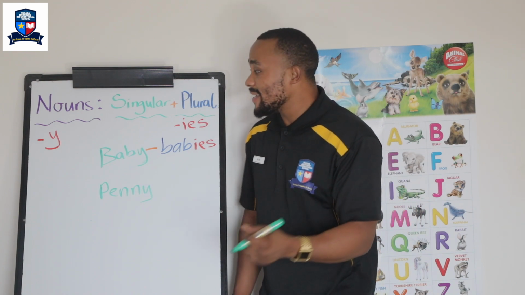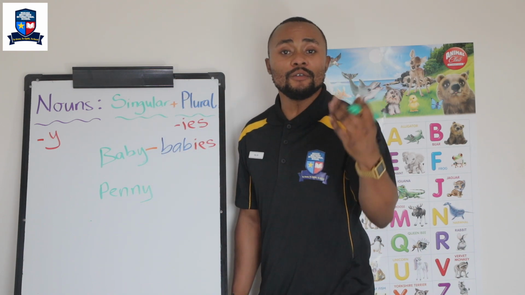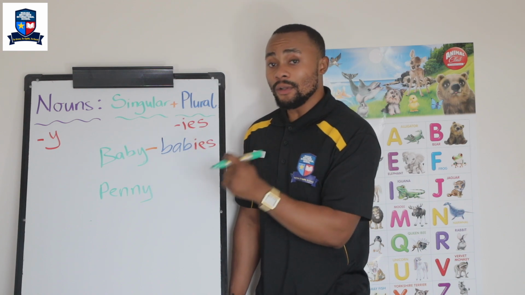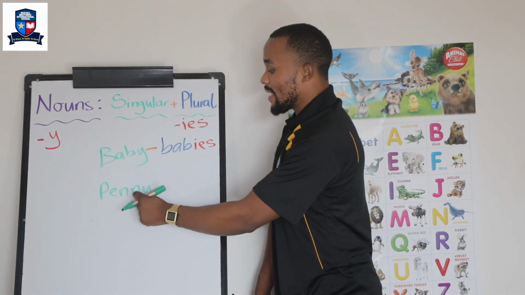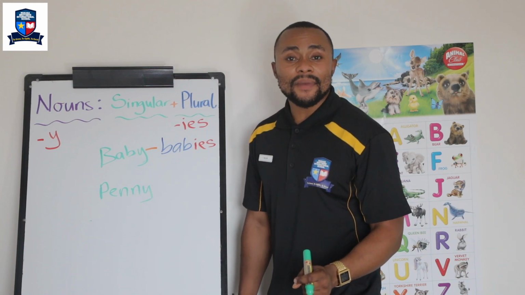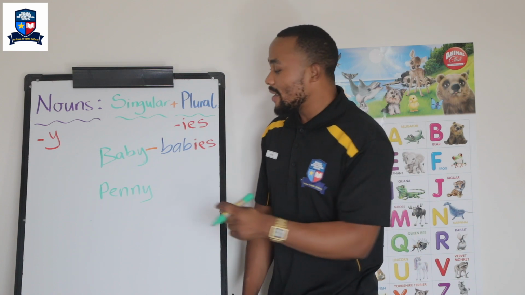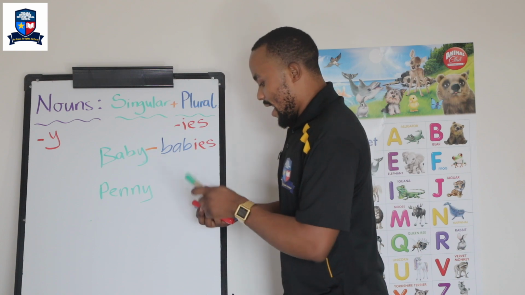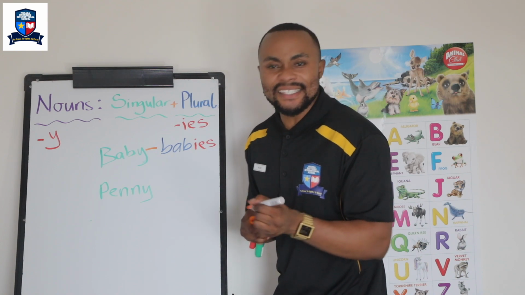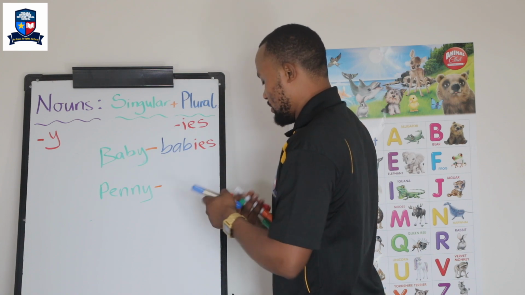So in order to turn it into plural form, with this English rule, it ends with Y, and the second last letter is a consonant, so we are going to add IES at the end. That becomes pennies. Pennies. Okay, I'm going to write it here.